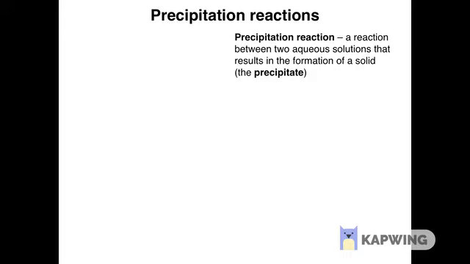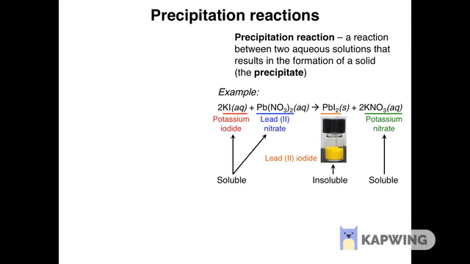A reaction between potassium iodide in aqueous solution and lead-2 nitrate in aqueous solution leads to the formation of lead-2 iodide, a solid, and potassium nitrate in aqueous solution.